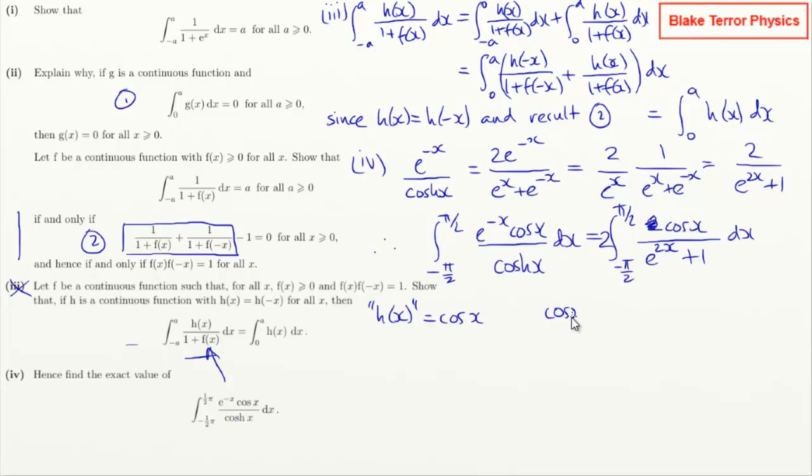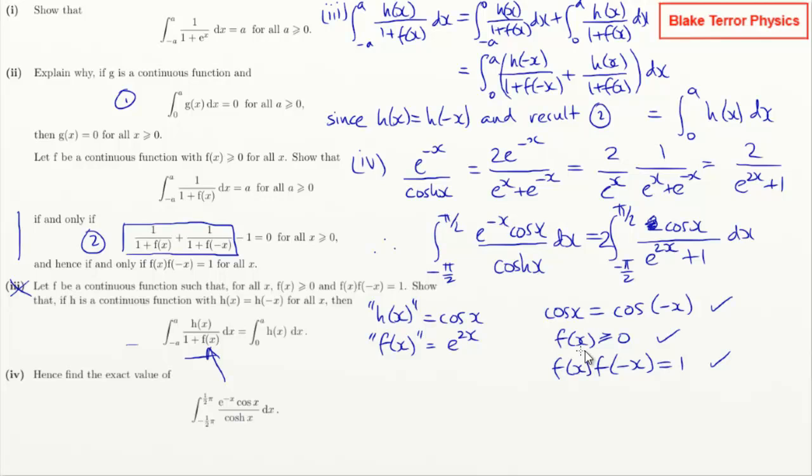So cos x equals cos of minus x, that's true. So that is a big tick. I've got f of x is equal to e to the 2x. So I need f of x to be greater than or equal to 0, which is fine. I need f of x times f of minus x to be equal to 1, which also works.